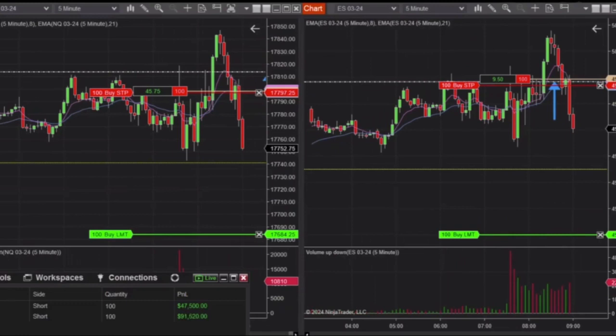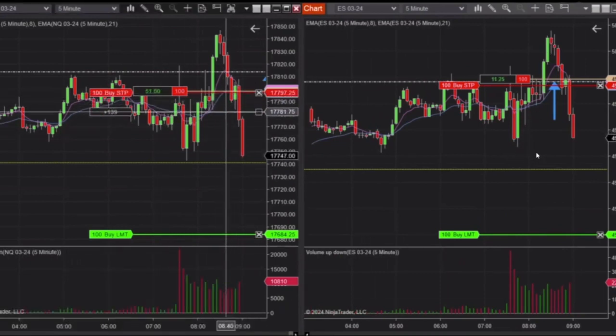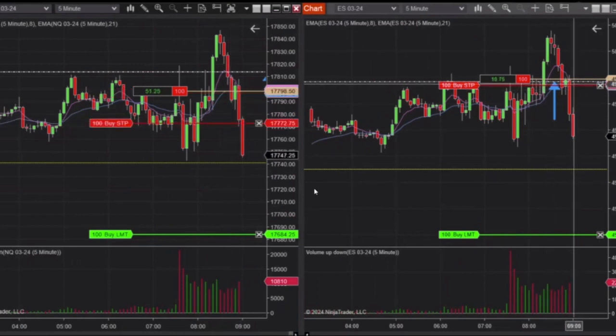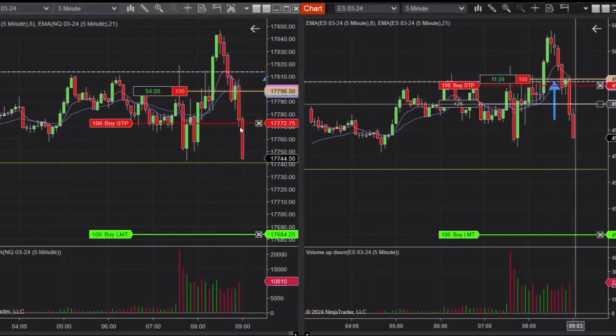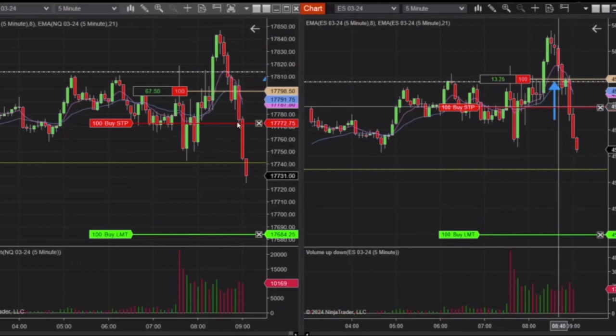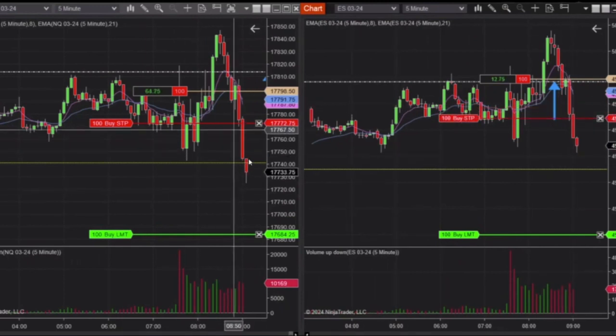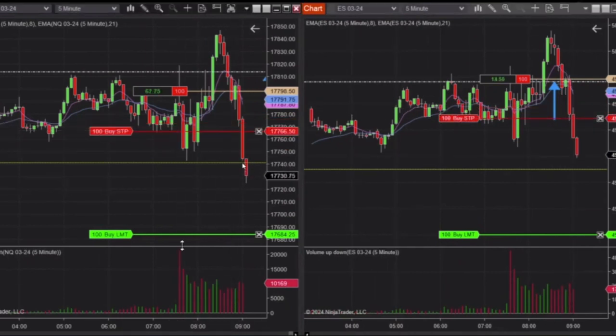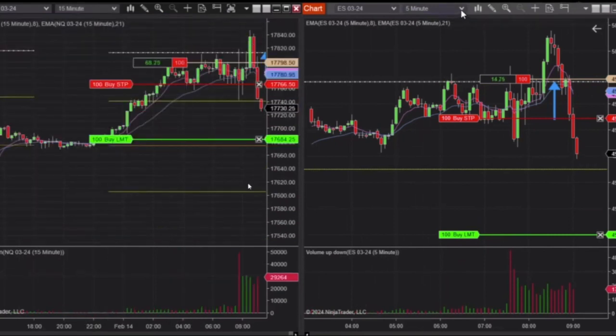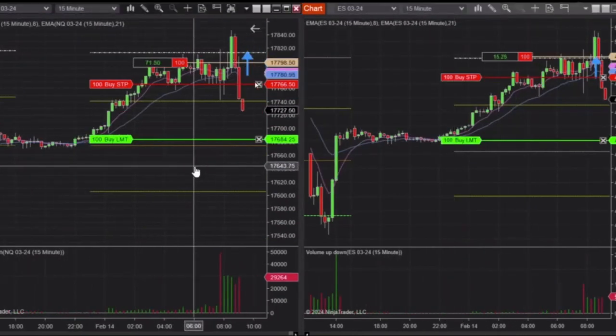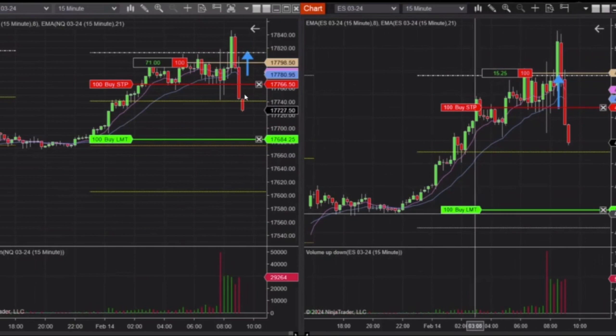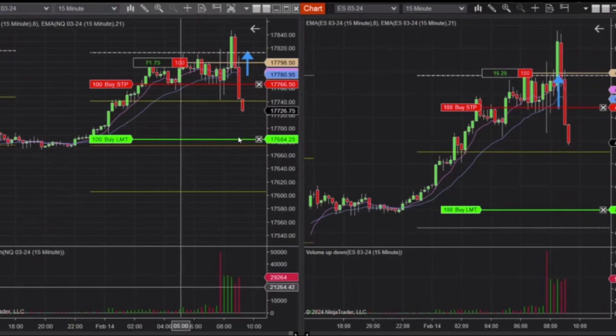So on the NQ, we're getting down close to that next SR, and over here on the ES, we're getting close to this previous low area where we made the bounce in the morning. So you can see on the NQ, we just adjusted the stop loss to the top of this candle in anticipation of the next candle opening, and now as we're getting some momentum to the downside, I've gone halfway down this candle because again, I don't know that it's going to reach this target.